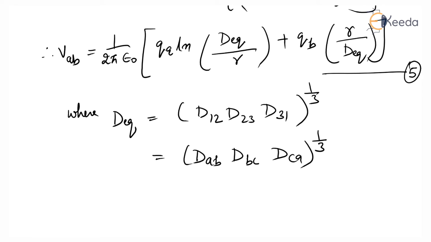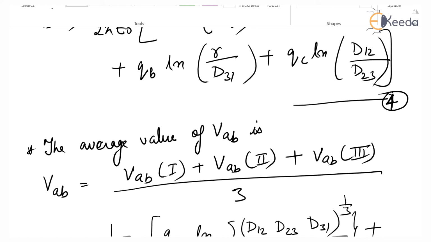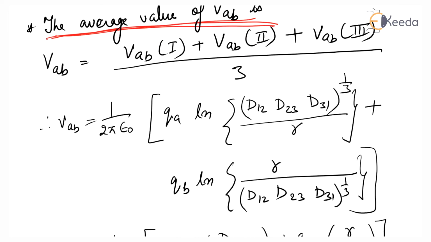This is equation number 6. Now, similarly, this is the average value for VAB, and you can find the average value for VAC.